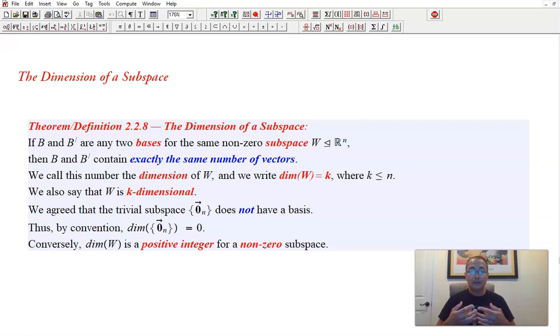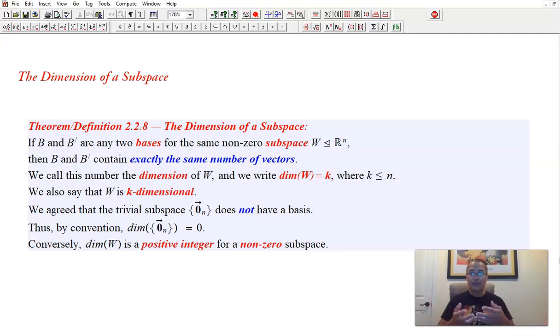But what is true for any two bases for the same subspace? They have to contain exactly the same number of vectors. So we need two vectors for the plane to create a basis for that plane. That number 2 is set in stone. You can't use only one vector to make your plane because that will just get you a line.